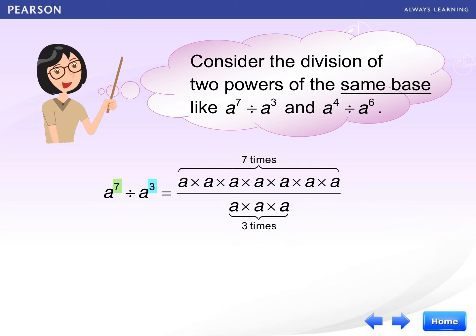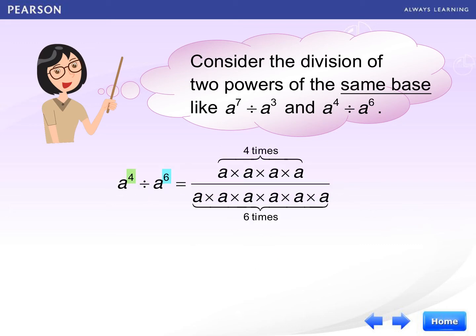By reducing the fraction, a times a times a times a remains in the numerator. So the answer here is a to the power 4. And a to the power 4 is actually a to the power 7 minus 3.